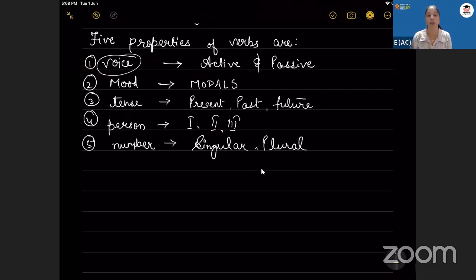How will you differentiate whether the sentence is in active voice or in passive voice?